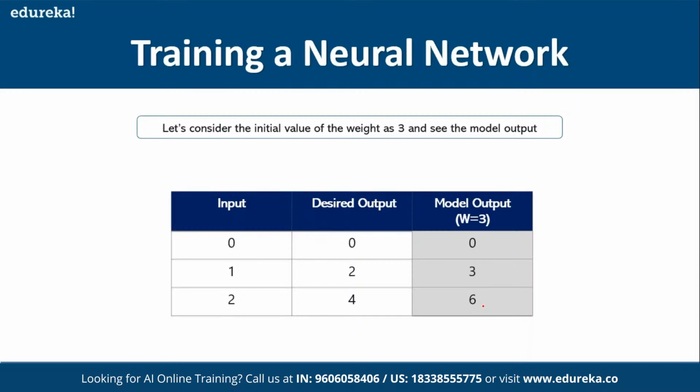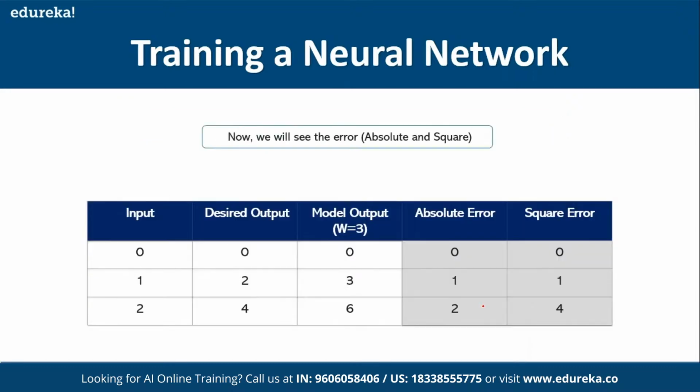For this I calculate my absolute error and squared error. My absolute error is 0 minus the desired output 0, which is 0; 3 minus 1 is 2... 3 minus 1 is 2; 6 minus 4, where 4 is my desired output and 6 is the model output, is 2.